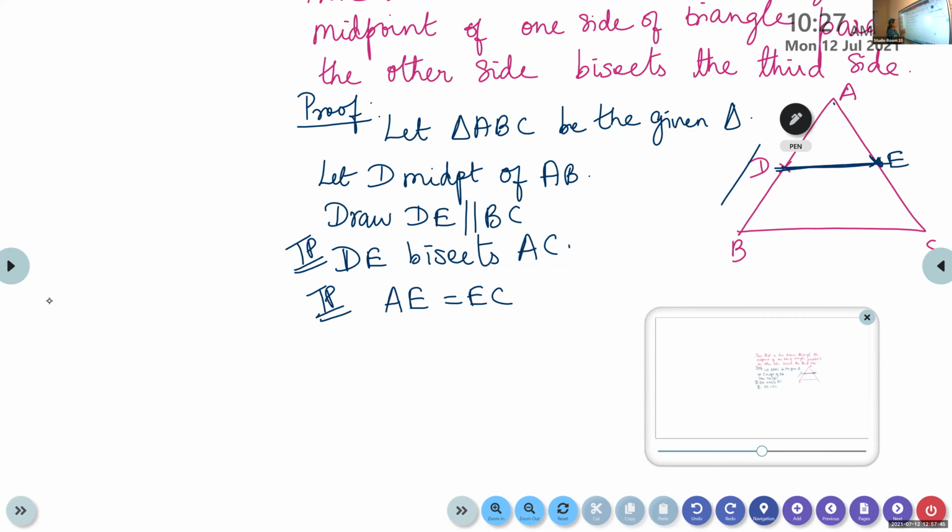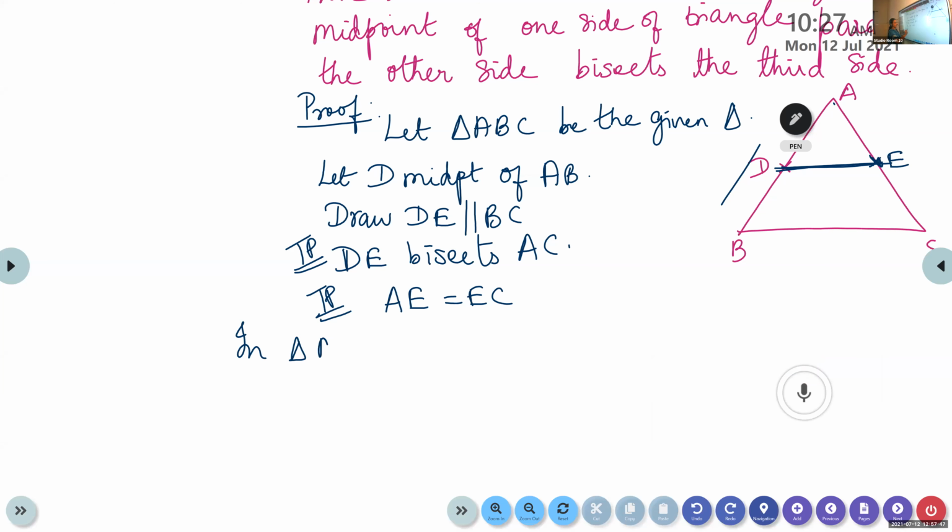So, in triangle ABC, DE is parallel to BC. Therefore, by BPT, what will we get? AD by DB, isn't it?